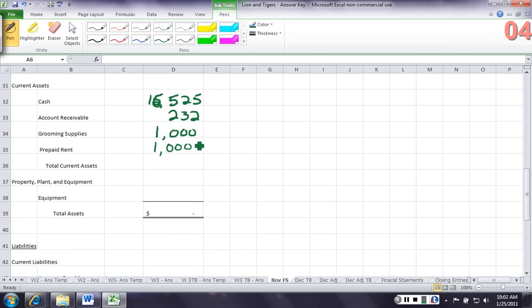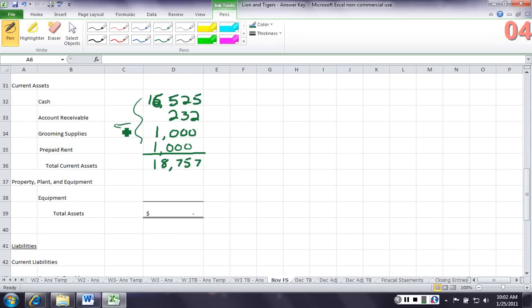Now notice I have this total here for current assets. If we total up our current assets, we're going to get $18,757. And really we could have put these over here. We want to know current because we want to make sure that we have enough current assets to pay our current liabilities.